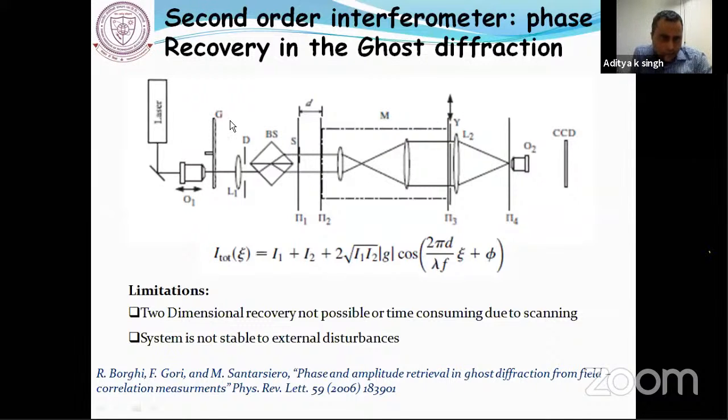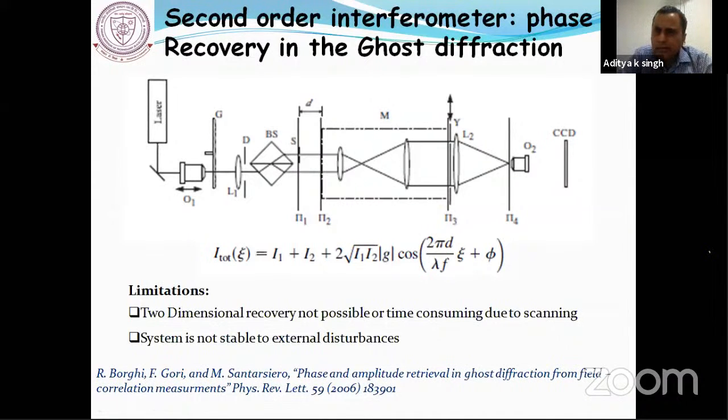The experimental setup I presented here is based on second-order correlation measurement. G is a rotating ground glass, and the light from G illuminates your object F. This is then divided into two portions, going through a single slit, and we measure the interference visibility.